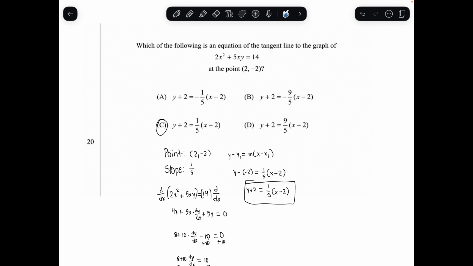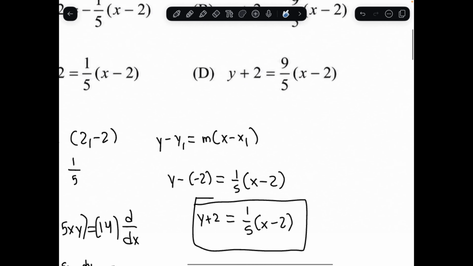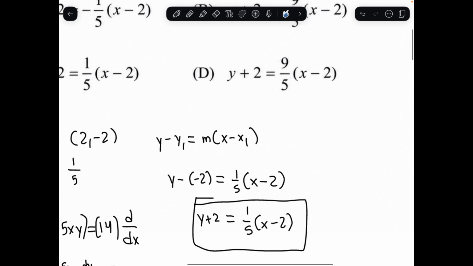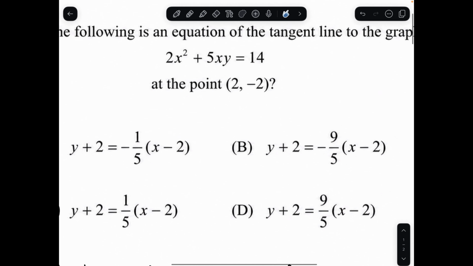Suppose it didn't give you y equals -2. It'll always give you the x coordinate, so 2. So we just plug 2 into the 2x squared plus 5xy equals 14 equation, and then you solve for y, and then you will have your point. Then for the slope, you take the derivative at that point. And if you have the point and slope, then you can use the point-slope form, and you'll figure out your equation.